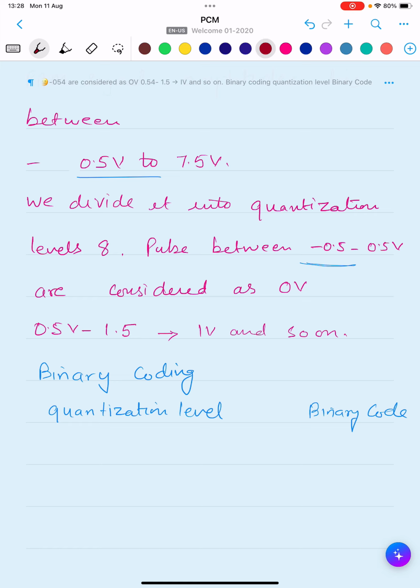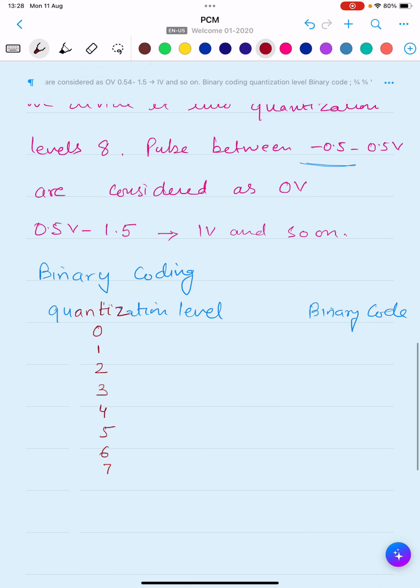So we have quantization levels 0, 1, 2, 3, 4, 5, 6, 7, and corresponding to that, I assume all of you know, 000, 001, 010, 011, 100, 101, 110 and 111.